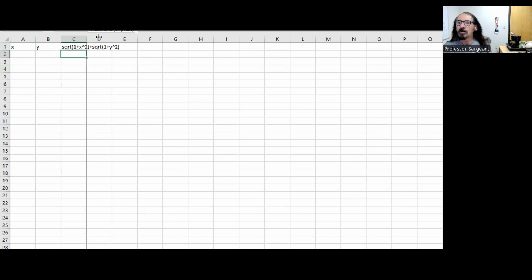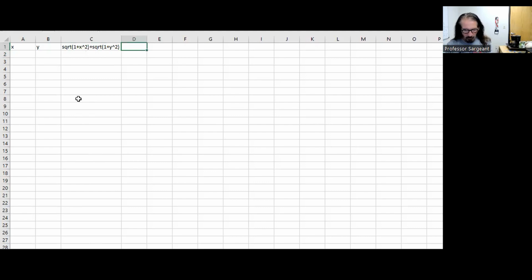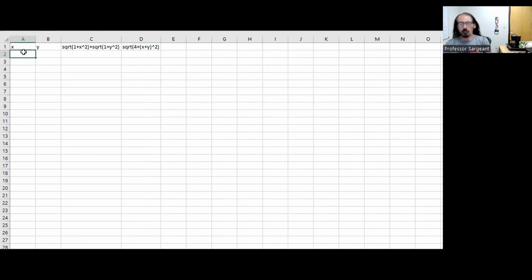And the last column will be about the square root of 4 plus the square of the x plus y. So let's put in some things for x and y.